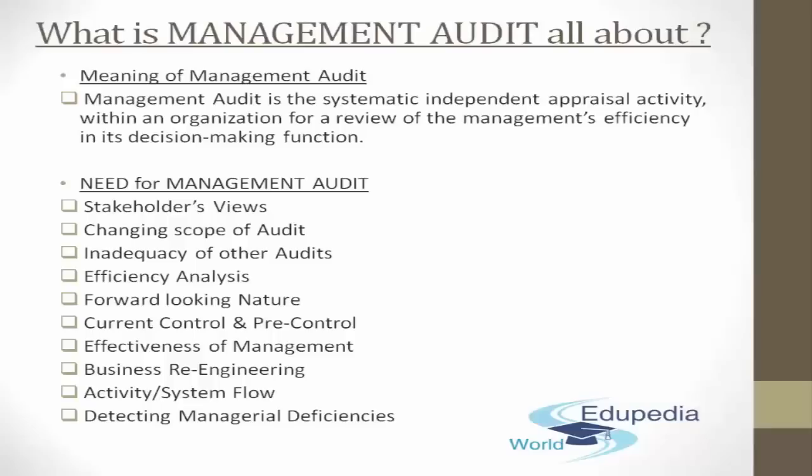Why? Because it helps you analyze what kind of mistakes you should avoid as far as your future is concerned. So it gives you a forward approach. Other audits are also on the same track, but they are backward looking. You need to analyze the figures which have already happened in the past. But in this case, you are focusing on the future outcome which will come, sooner or later.